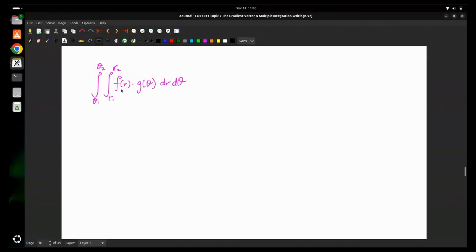Now if I integrate this expression with respect to r first, the outer integral remains. For the inner integral, I treat g of theta as a constant, correct or not? I integrate small f of r to get big F of r, times g of theta, then evaluate from R1 to R2, with d theta outside.